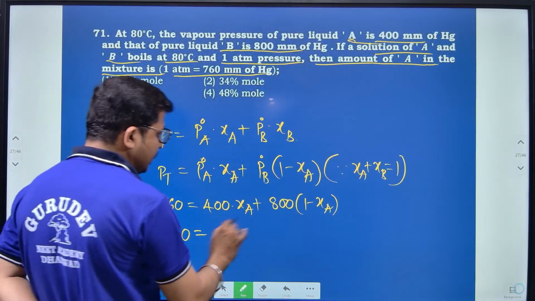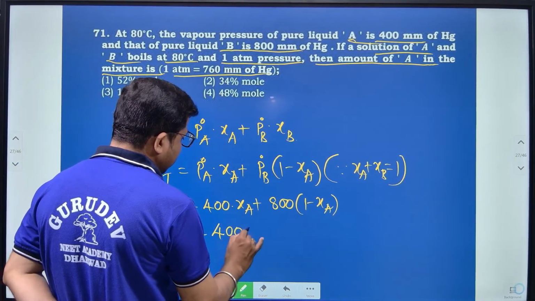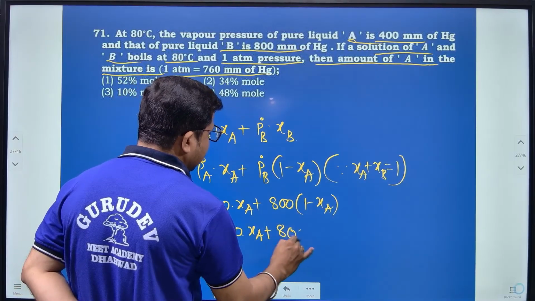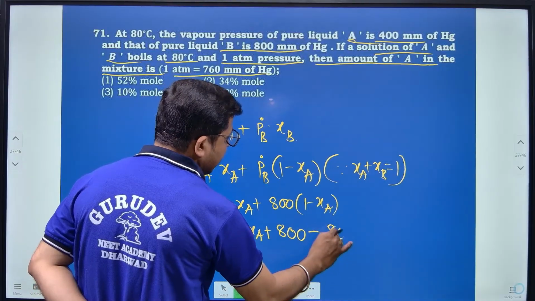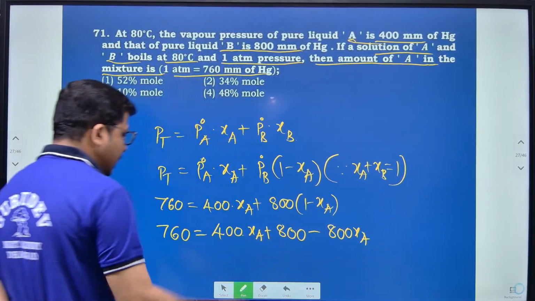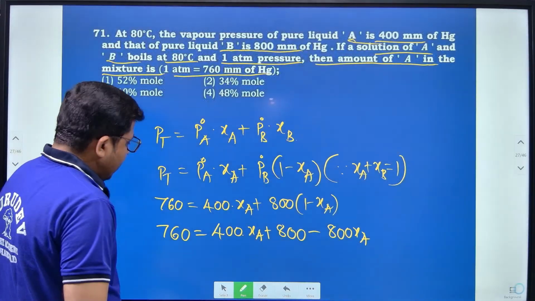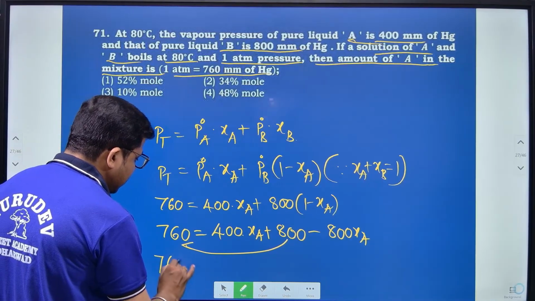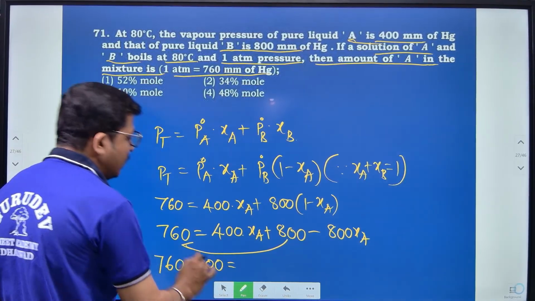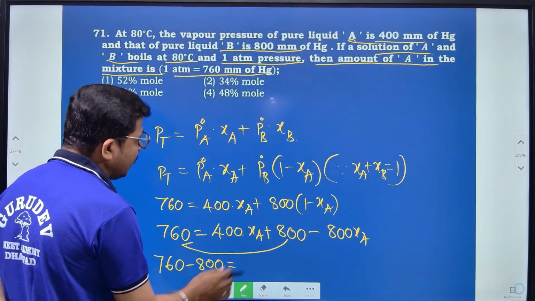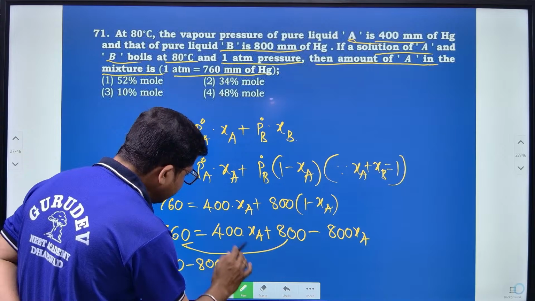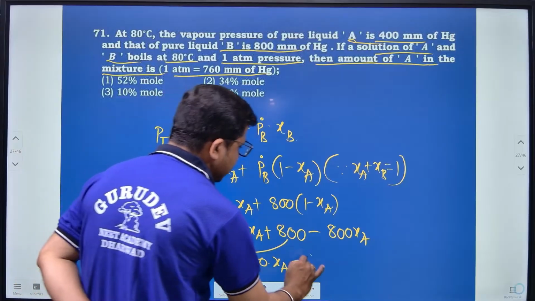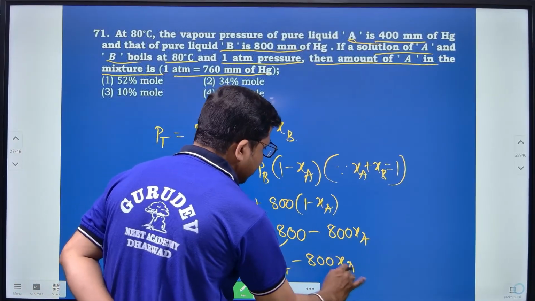So simplifying these, 760 is equal to 400 XA plus 800 minus 800 XA, right? Now bringing the similar terms to one side, we will get 760 minus 800 is equal to 400 into XA minus 800 into XA.